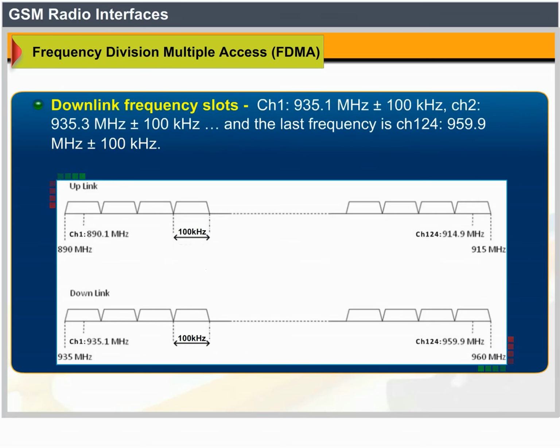Downlink frequency slots: CH1 935.1 MHz plus or minus 100 kHz, CH2 935.3 MHz plus or minus 100 kHz, and the last frequency is CH124 959.9 MHz plus or minus 100 kHz.